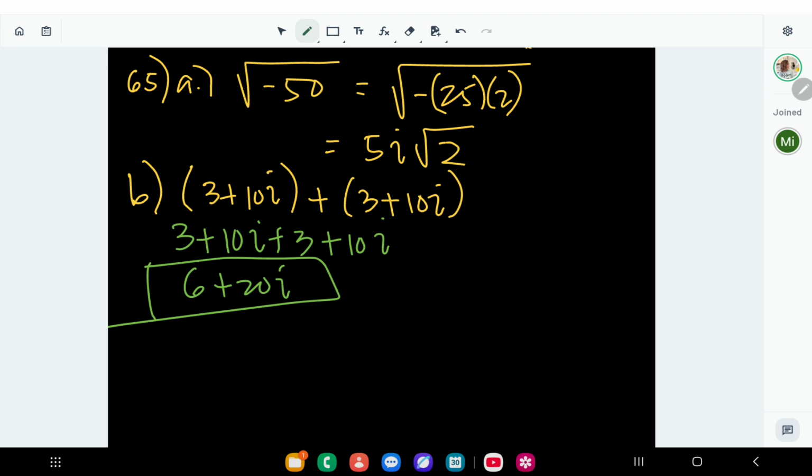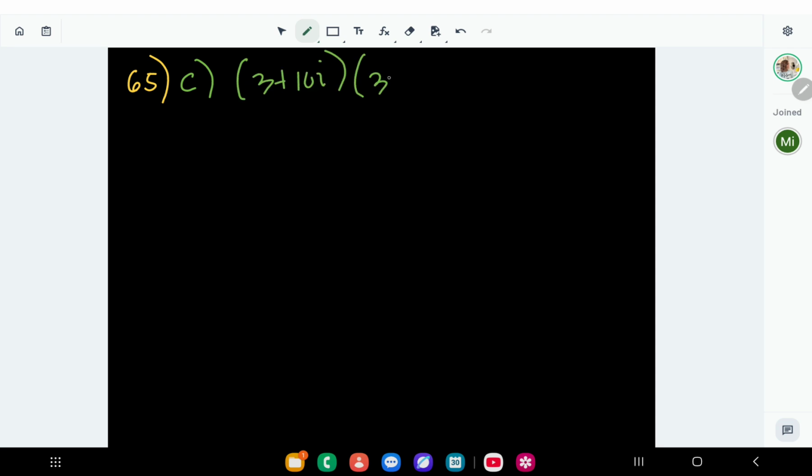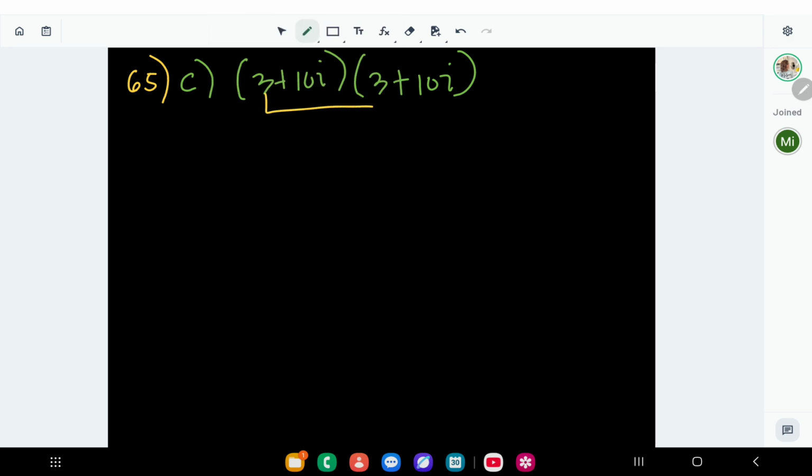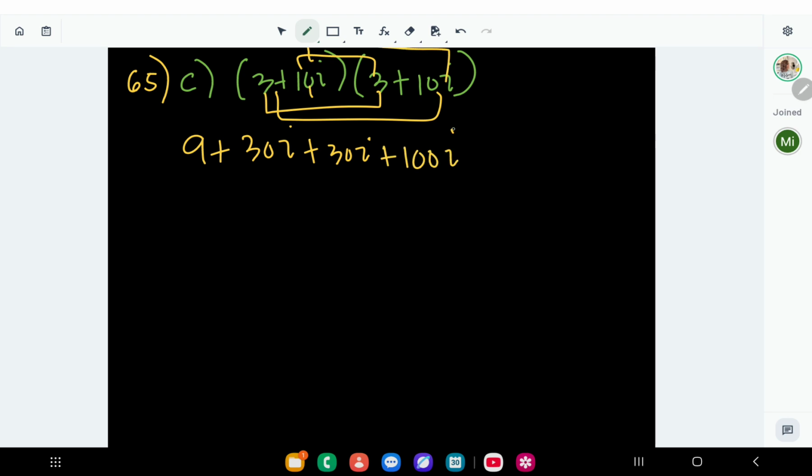And then for letter C, we need to FOIL that. 3 plus 10i times 3 plus 10i. We FOIL. That is 9 plus 30i plus 30i, then plus 100i squared.